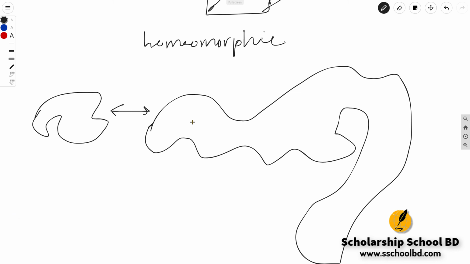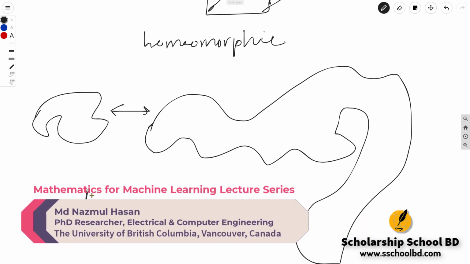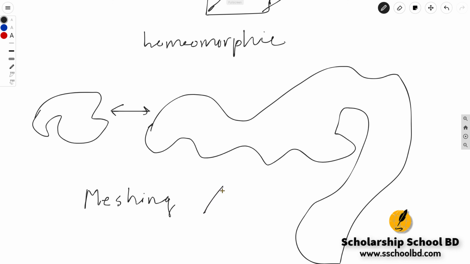In order to solve this kind of complicated geometry, you can use meshing. So meshing is a technique where we divide the 3D space into basic polyhedra like tetrahedra. Tetrahedra are the 3D counterpart of the triangle.